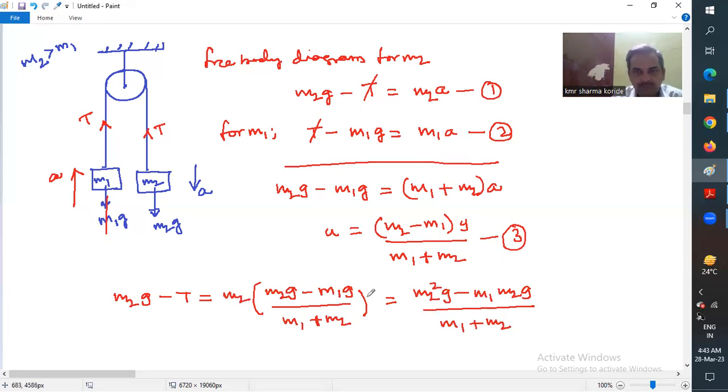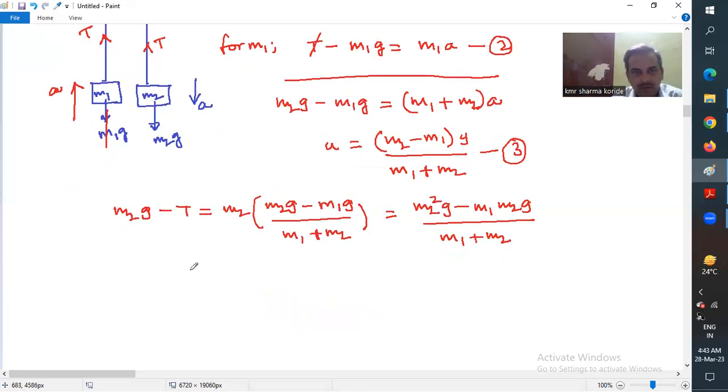Now you are looking for the equation of tension. So T is going to be m2 square g minus m1 m2 g, whole divided by (m1 plus m2), minus m2g.